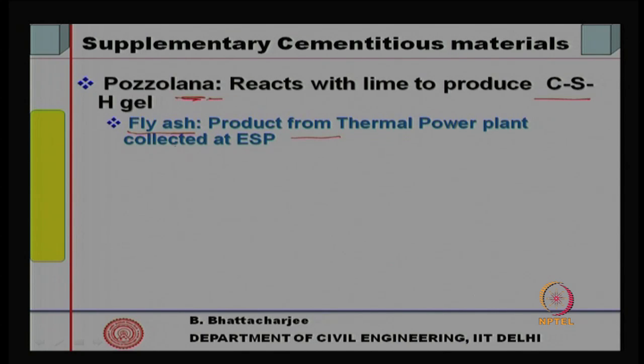Now, consider this material, fly ash. It is a product from thermal power plants, collected at electrostatic precipitators, right. I will discuss this in somewhat more detail when we talk of mineral admixtures.